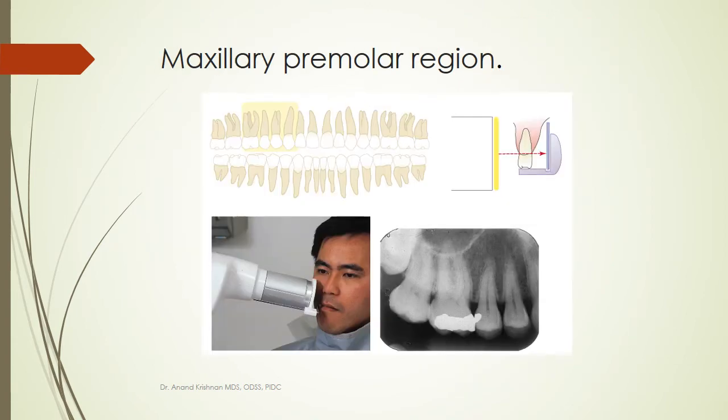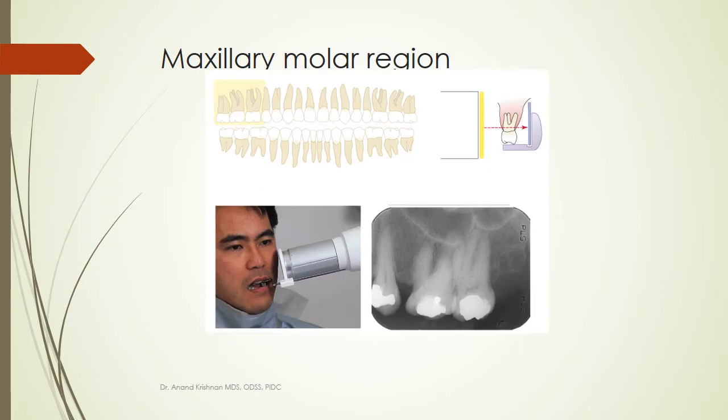So this is for the premolar region, and this is for the molar region. Now for the anterior region, since we are going to place the film a little vertical, it has a different set, that is a variation within the apparatus, and if you are going to use it for posteriors, it has a different set.